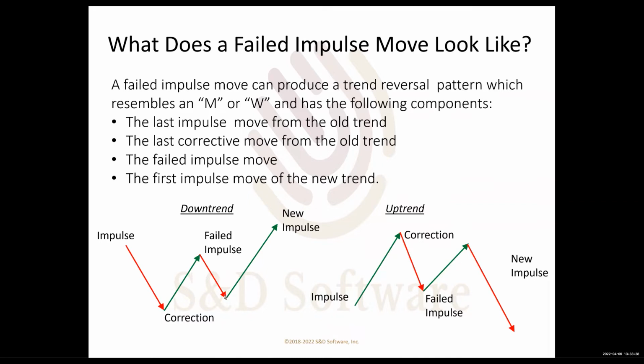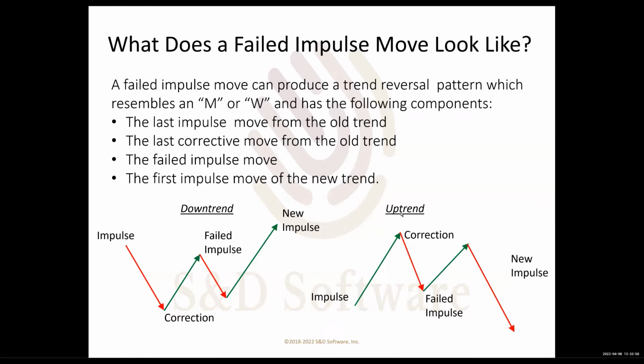Instead, we get a higher low. And then we end up with the first impulse of the new trend. And so you can see this kind of looks like a W. And one of the key things here is that, I guess you could call this the right leg of the W, is equal to or higher than the left.